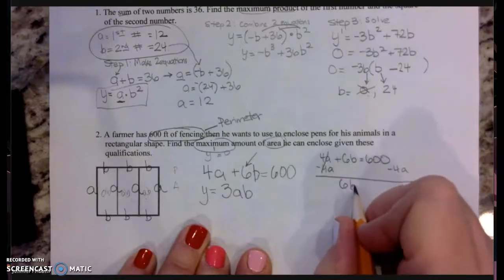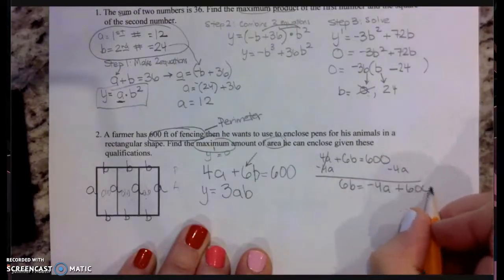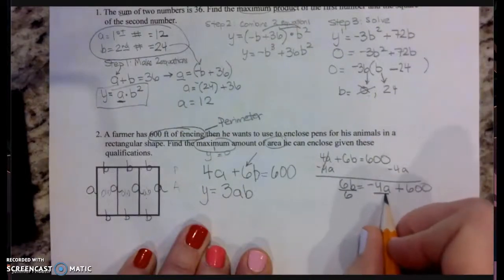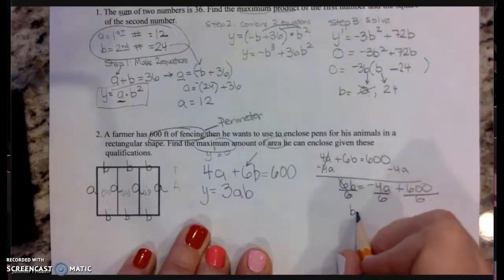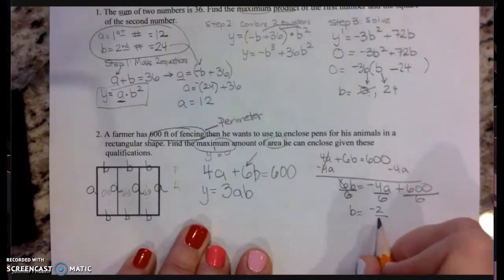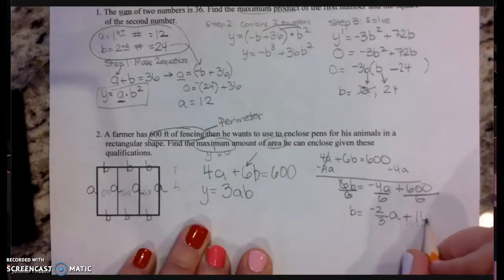These cancel. 6B equals negative 4A plus 600. I'm going to divide everybody by 6 to keep it even. So B will equal negative 2/3 A, simplified, plus 100.